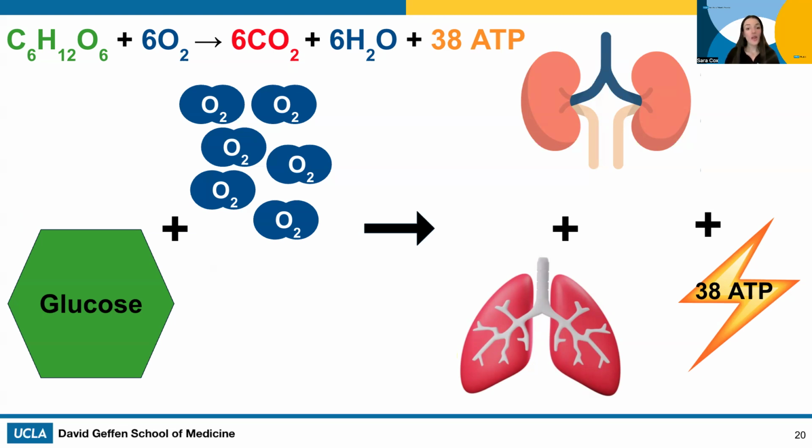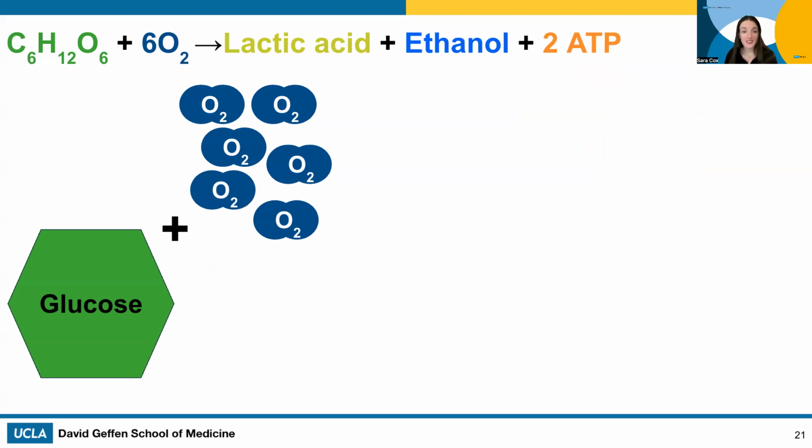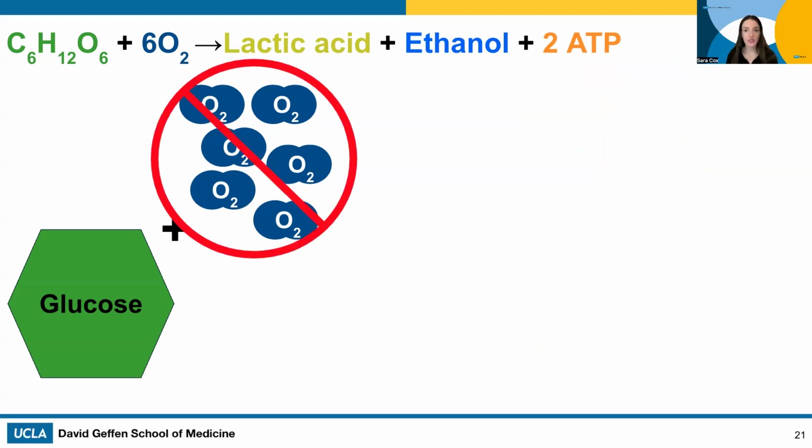Now, when we have a patient who is hypoxic, or lacking oxygen, we struggle to complete these redox reactions efficiently, and that leads us to anaerobic metabolism. Anaerobic metabolism makes some not so great products, including lactic acid, and causes lactic acid buildup.